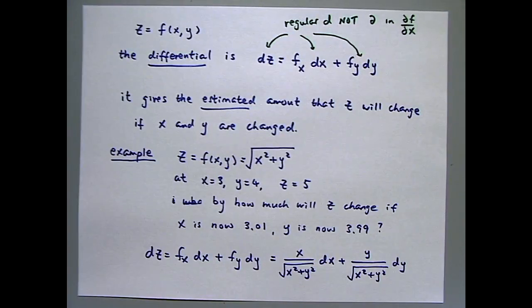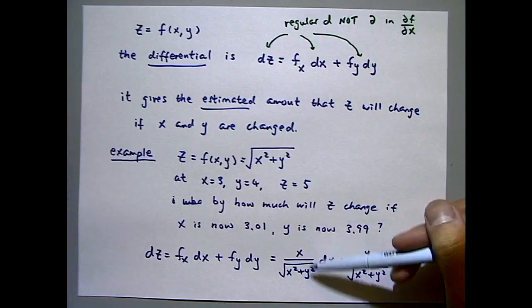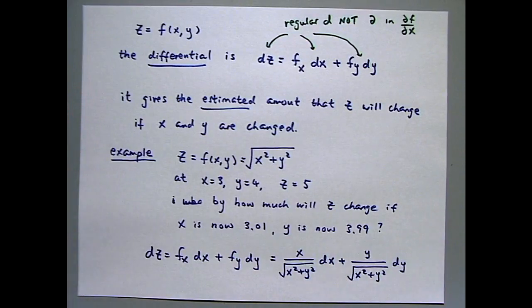I'm sorry? This thing? No. Right, we have a 1/2, right? And then the chain rule gives us a 2, and then those go away. Whew, I thought I made a mistake. Good. All right, so that's our differential, right?